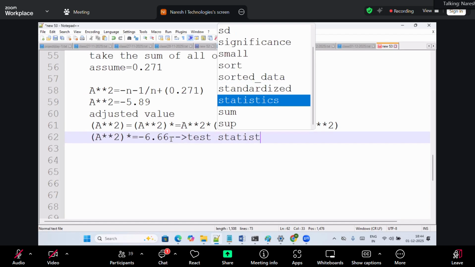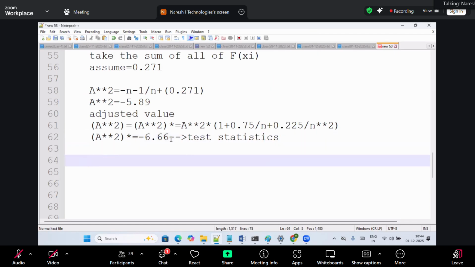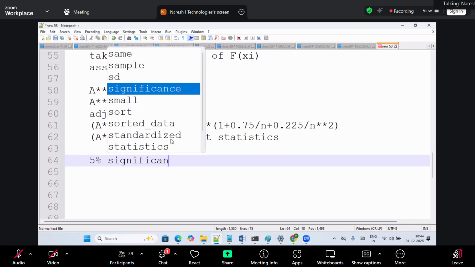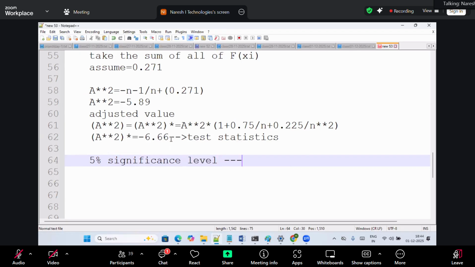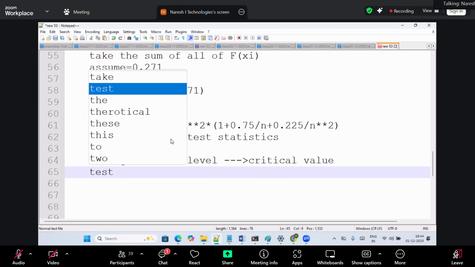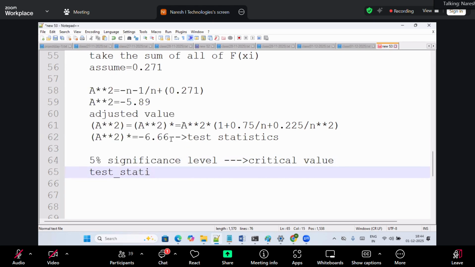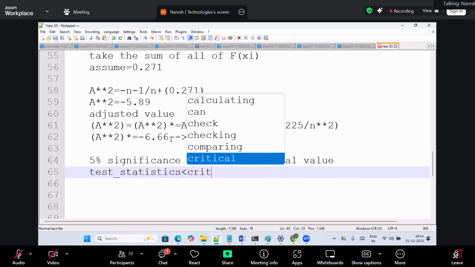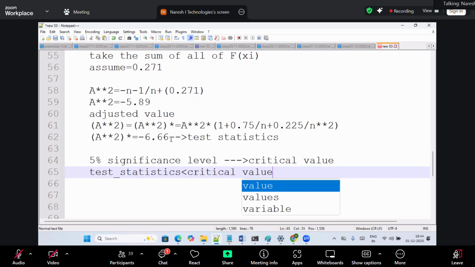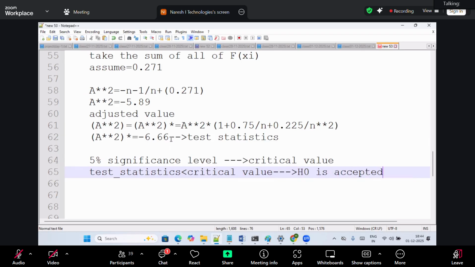Test statistic value. Now, you are checking for the 5% significance level, so you check the 5% significance level critical value. So if this test statistic is lesser than the critical value, then I can say that H naught is accepted.